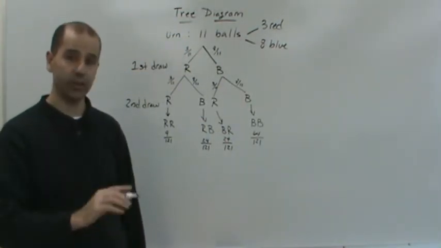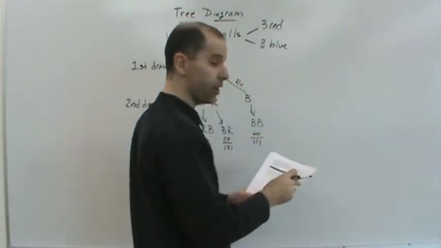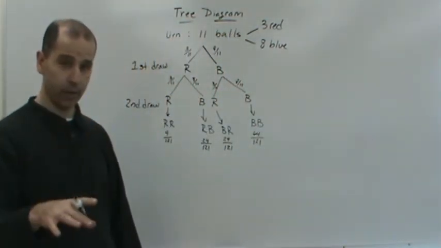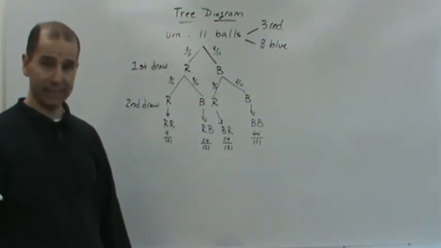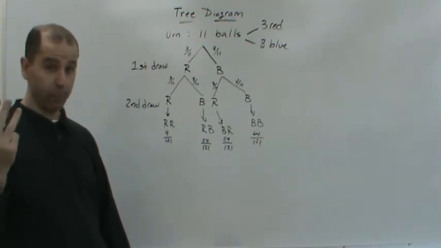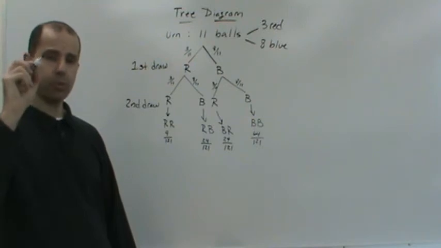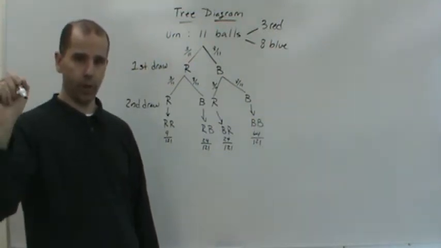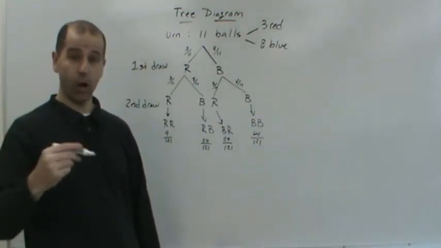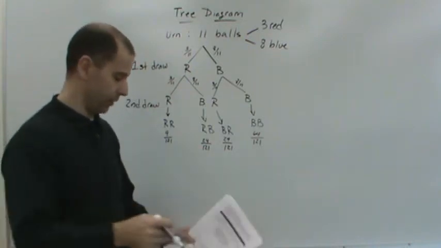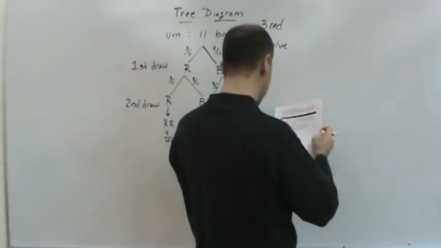Here's how you see it. Let me just do it this way. Let's put a number on each ball so you can see it better, because again, every ball is distinct, right? There's 3 red balls. I could choose any one of those 3 distinct red balls. So let's pretend we put a number on each one of those balls so we can actually see all the possible outcomes together, right? So here's how we're going to do that.